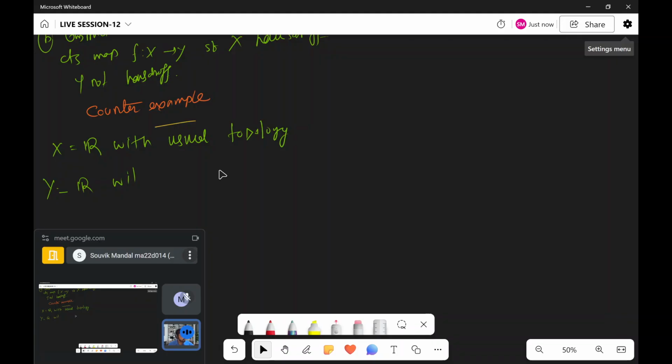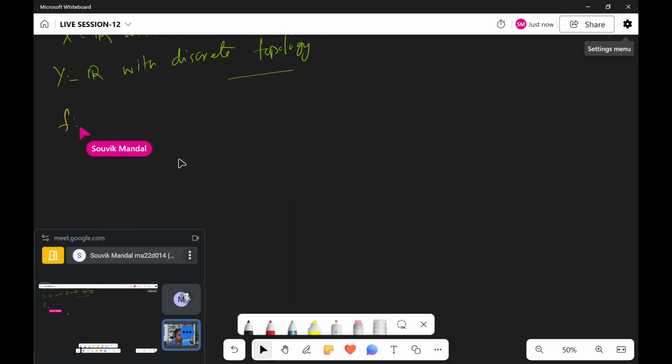The software itself has some issue, kindly hold a moment. And we are taking f from X to Y, that is x goes to x, the identity map.